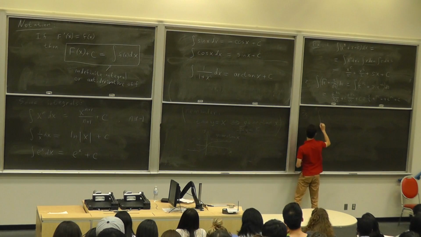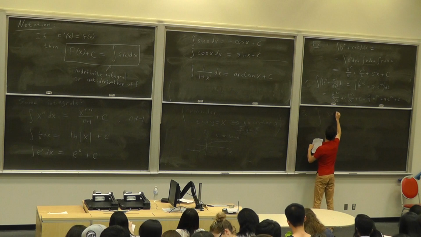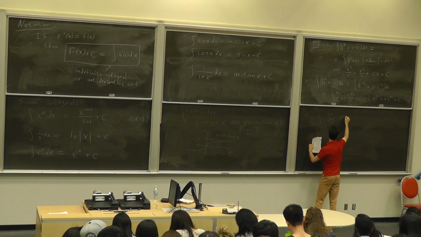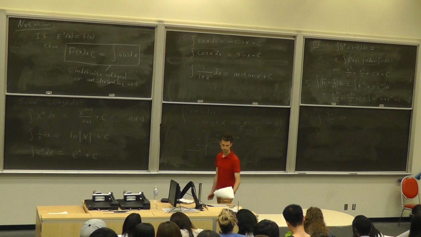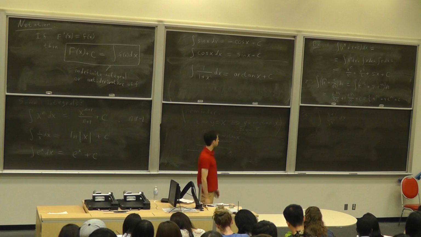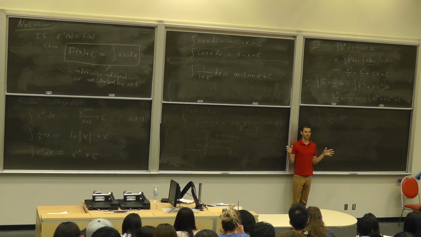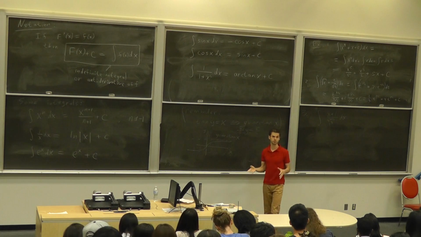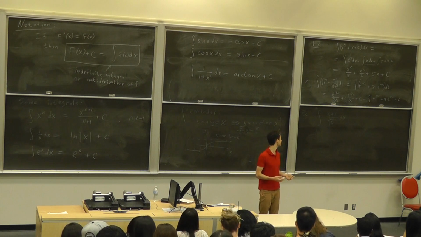Okay, let's increase the difficulty even more. Now we have the integral of x plus 1 divided by the cube root of x. Now it's not really written as a sum of functions which you can recognize, or a sum of functions which can be easily transformed into functions which you do recognize.